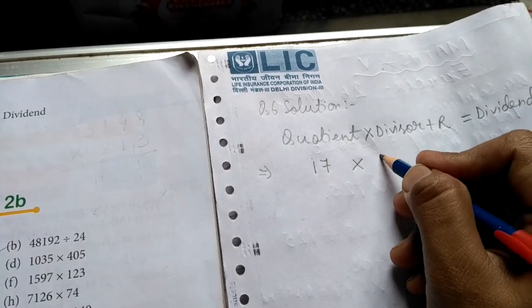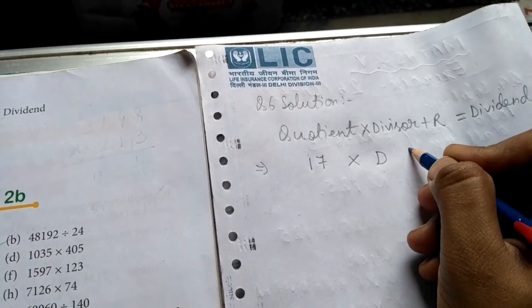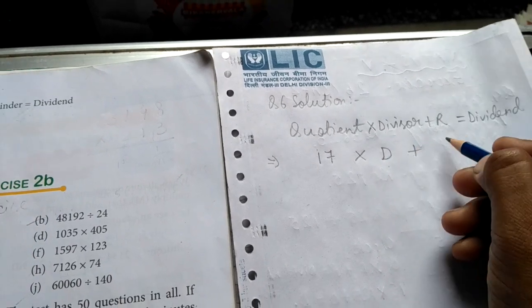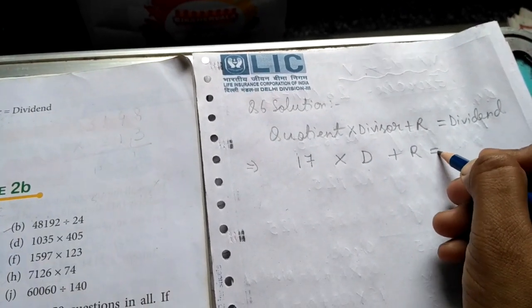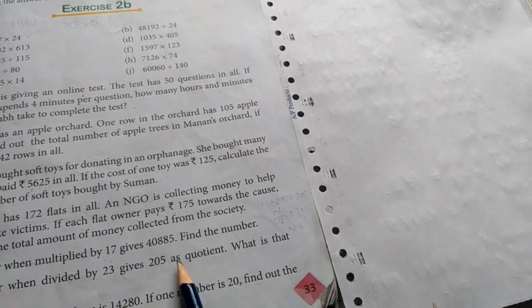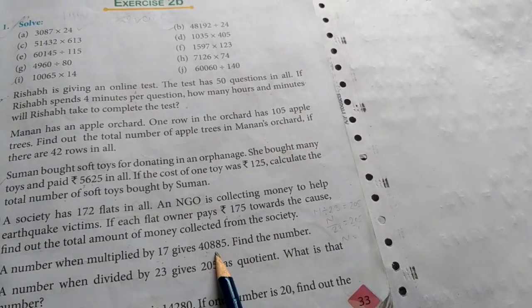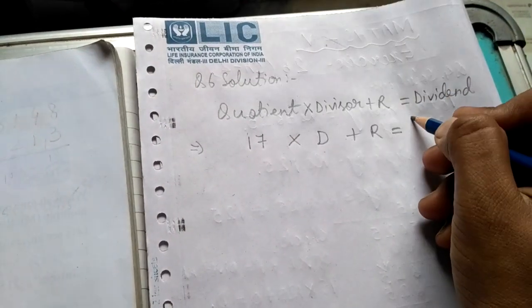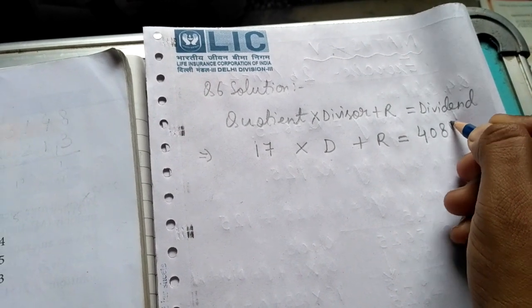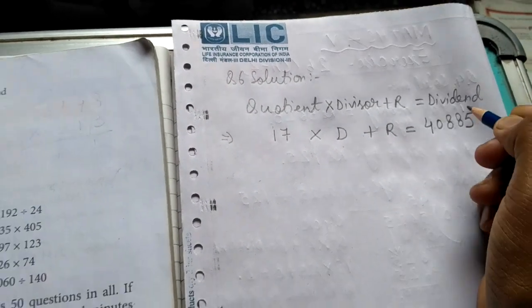The divisor we don't know. And it gives 40,885, so the dividend is 40,885.